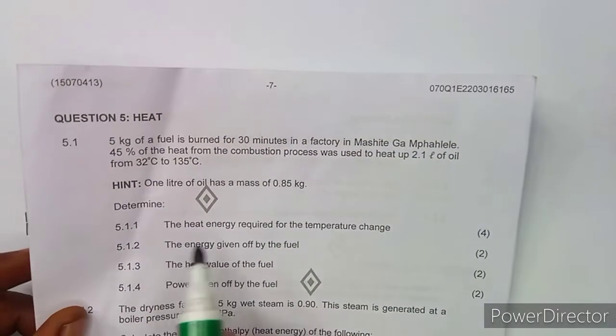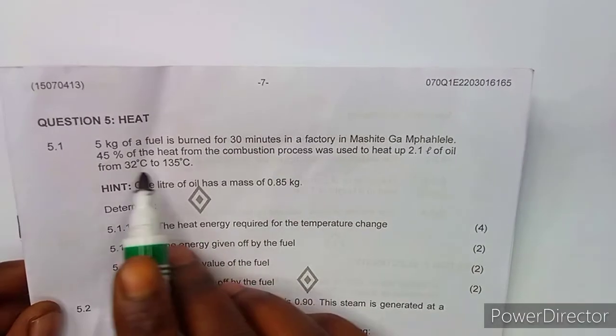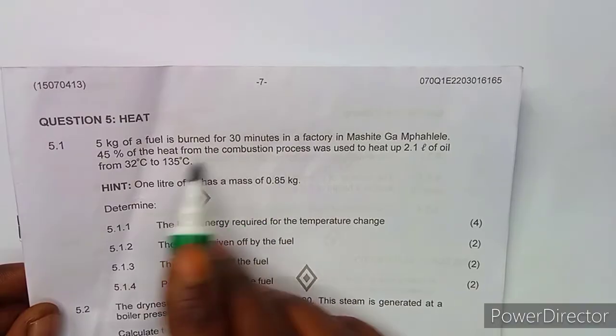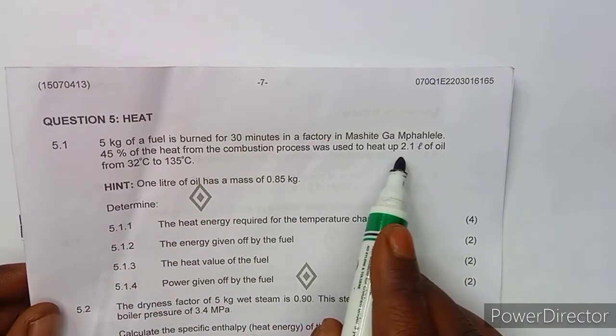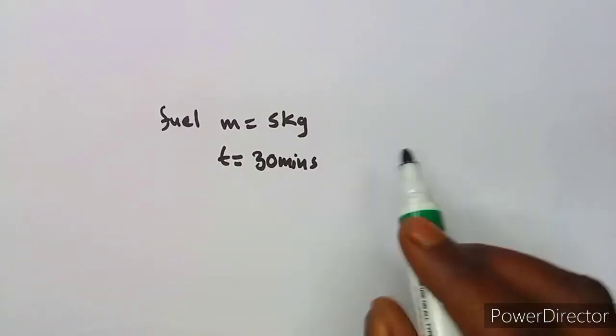Okay, then what do we have here? A process is used 45% of the heat from the combustion. So in this case, 45% of the heat from the combustion process was used to heat up 2.1 liters of oil. So you've got oil here.